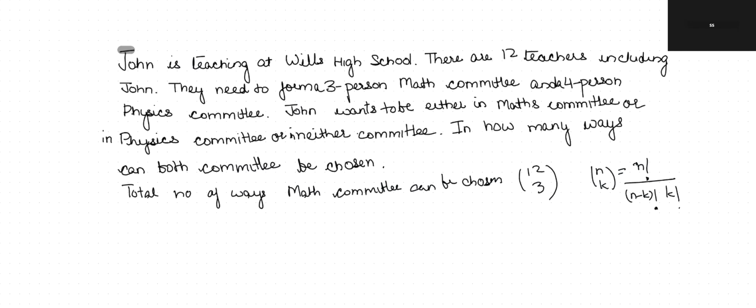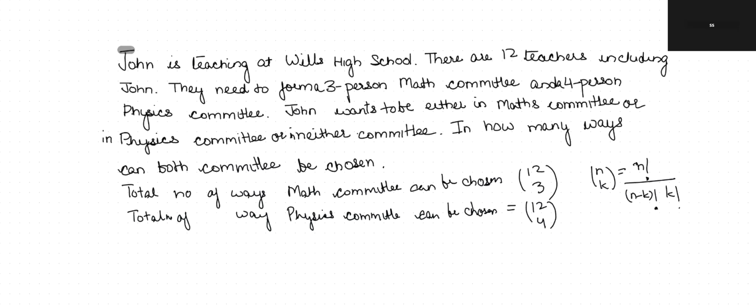So if we find this, and then the total number of ways the physics committee can be chosen is 12 choose 4, because we have to choose 4 teachers out of 12.